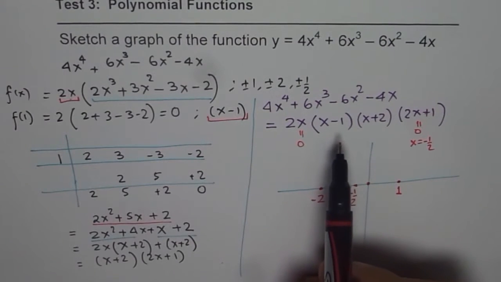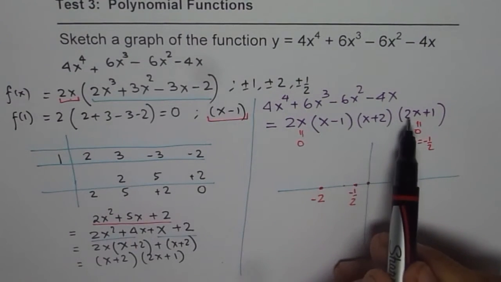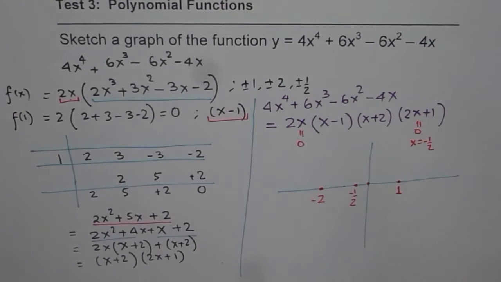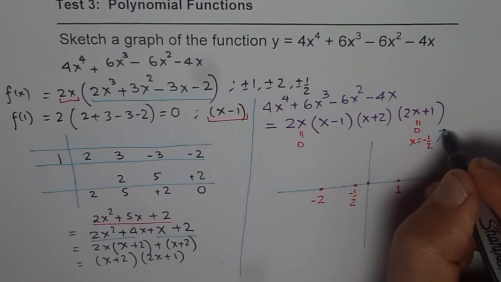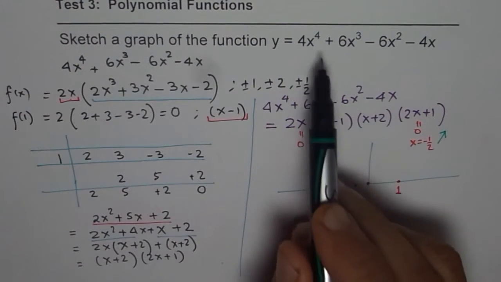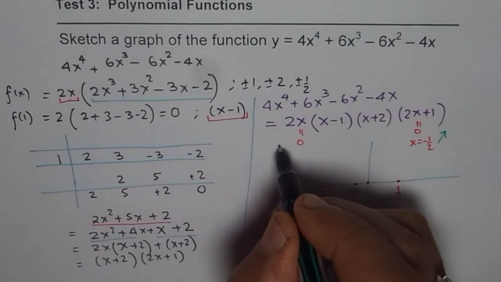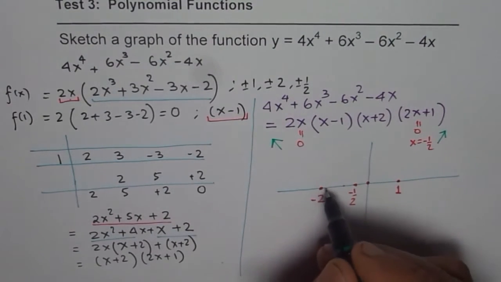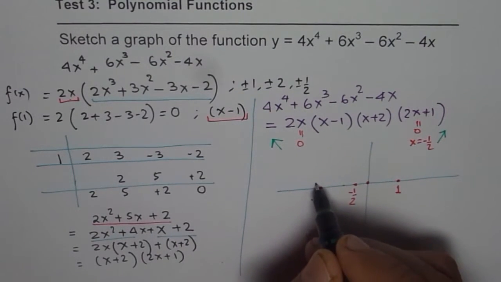Now the end behavior is that all these coefficients are positive, so the right side is up. We'll sketch this using a different ink. Now the degree is 4, so both ends will face the same side. Since the zeros are linear, the function will cross at each of them.